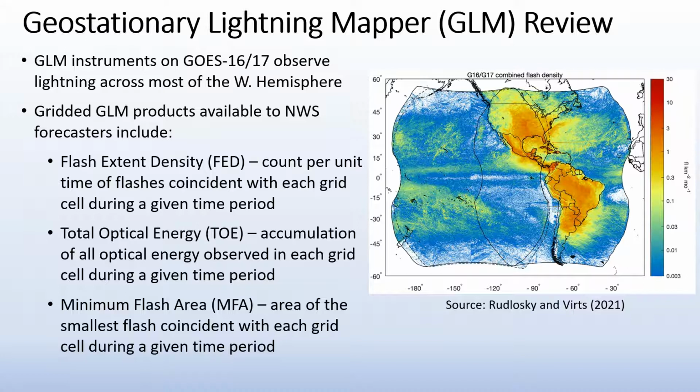The figure to the right shows the nominal field of view of both of these instruments combined. Each GLM grid cell is about 8 kilometers by 8 kilometers.